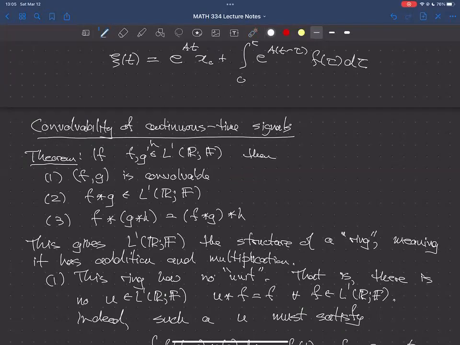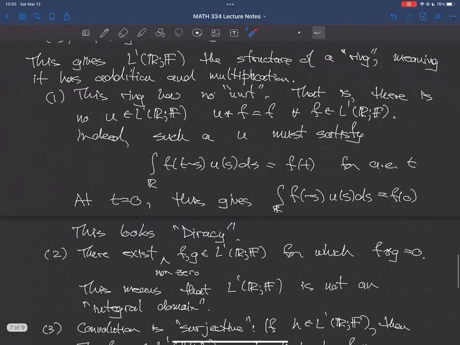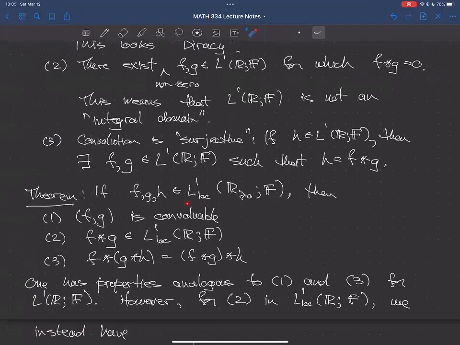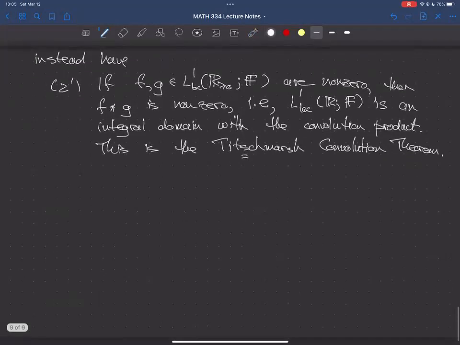Now, in both of these cases, both terms in the convolution product were in the same space, L1 and L1 loc. Now we're going to look at cases where the conditions on each term in the pair are different. All right. So third convolvable pair theorem.